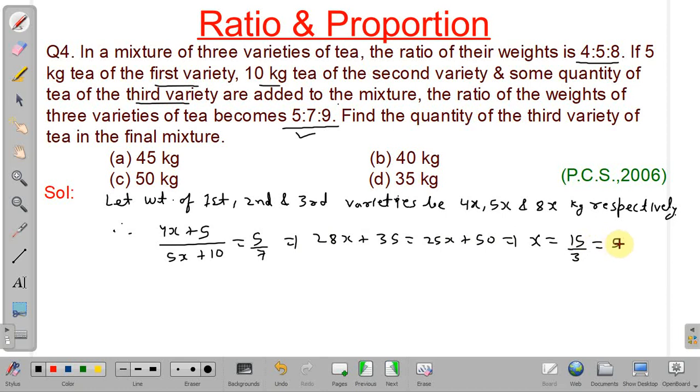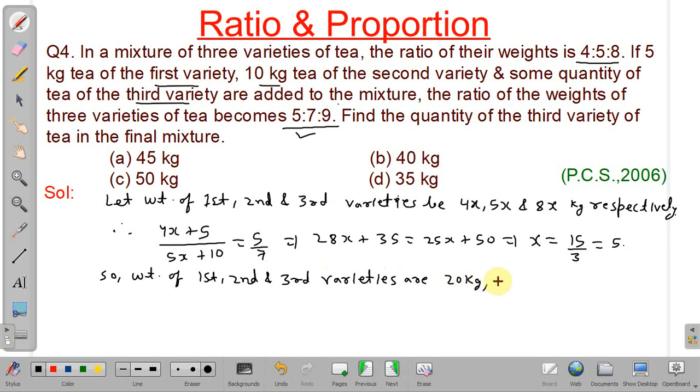which is equal to 5. Okay. So the weights of the first, second, and third varieties are how many kg? First one is 4x, so 4 into 5, that is 20 kg.